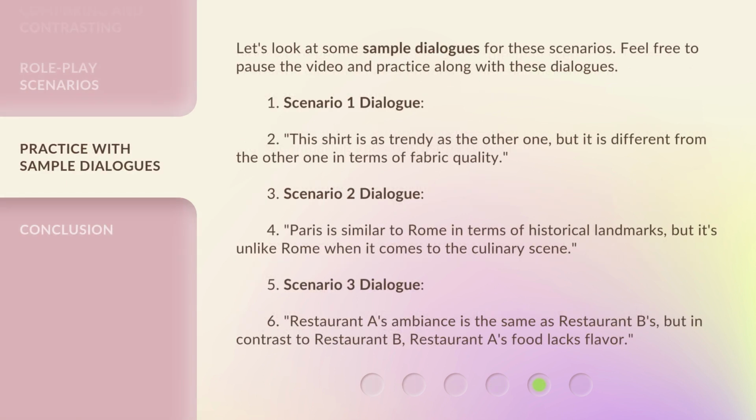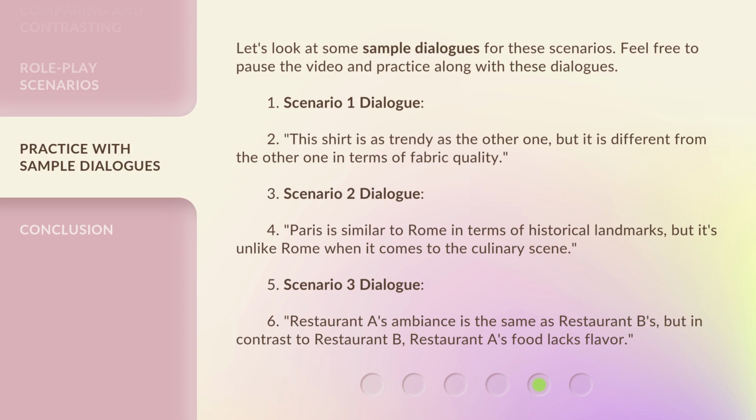Let's look at some sample dialogues for these scenarios. Feel free to pause the video and practice along with these dialogues. Scenario 1 dialogue: This shirt is as trendy as the other one, but it is different from the other one in terms of fabric quality.